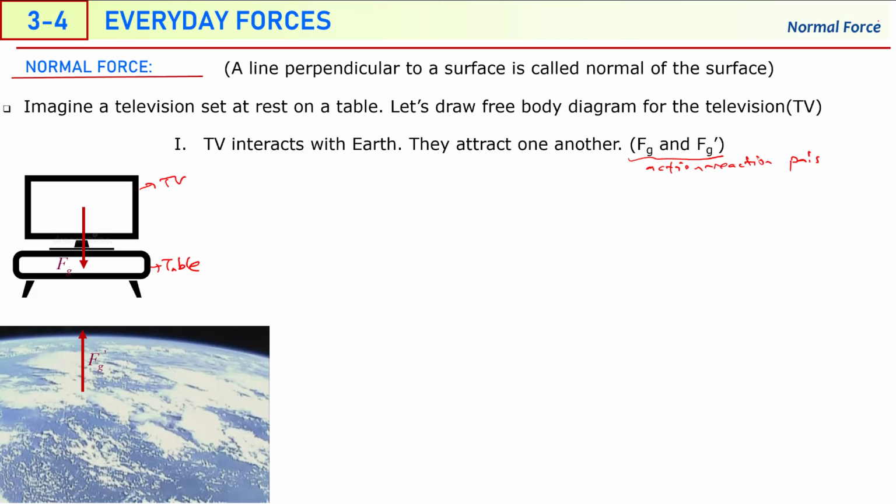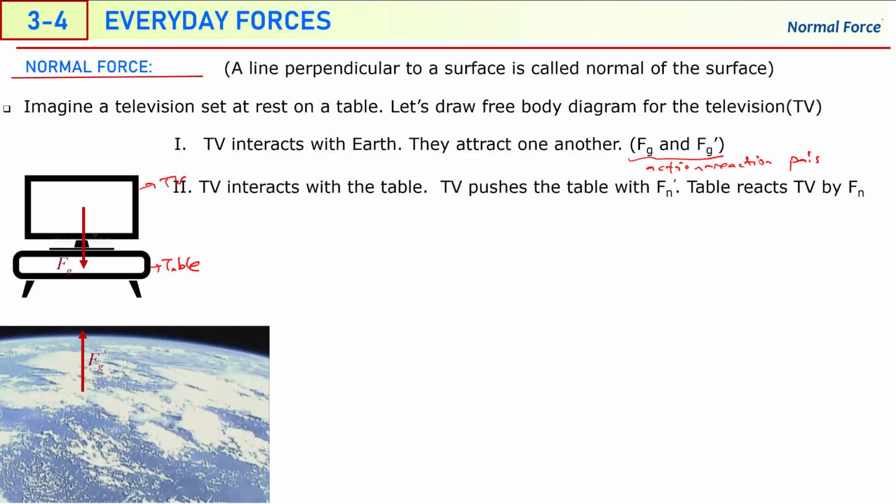But the television is also in contact with the table, so there is a contact force between them. The television pushes the table downward with Fn prime, and the table reacts on the television with Fn. There is also an action-reaction pair between the television and the table.